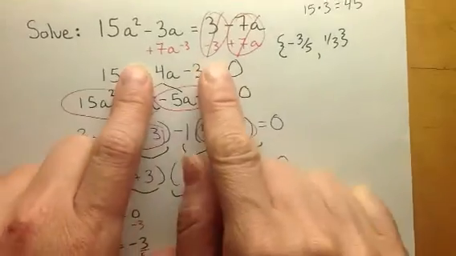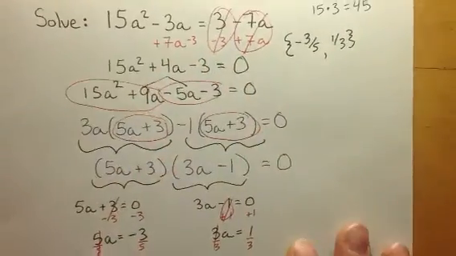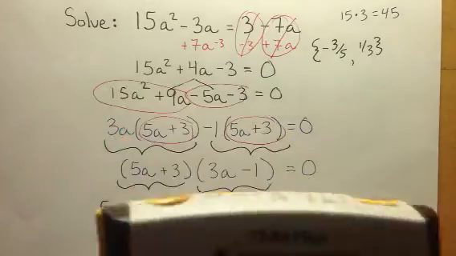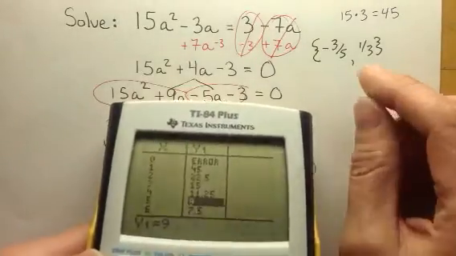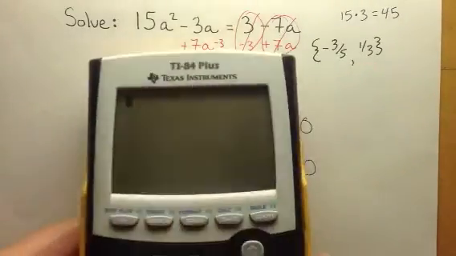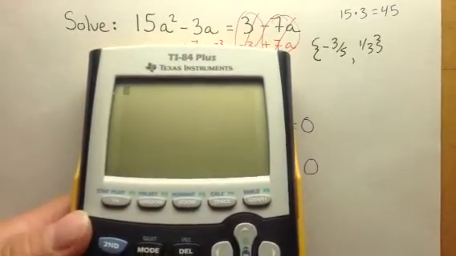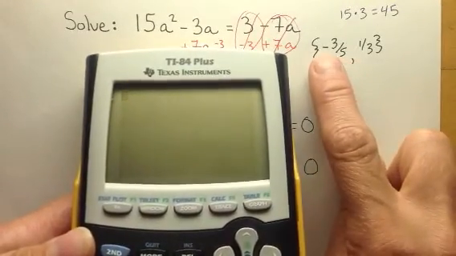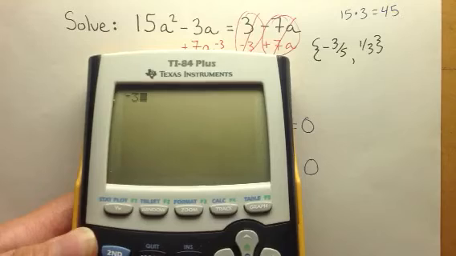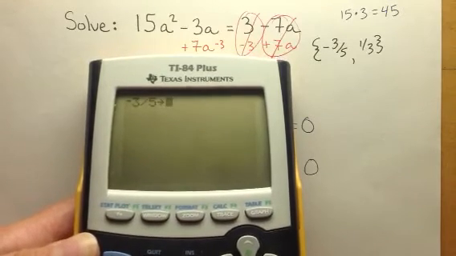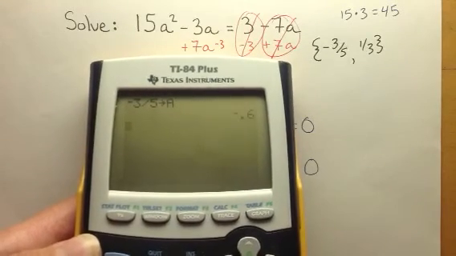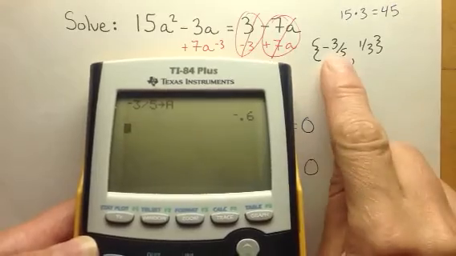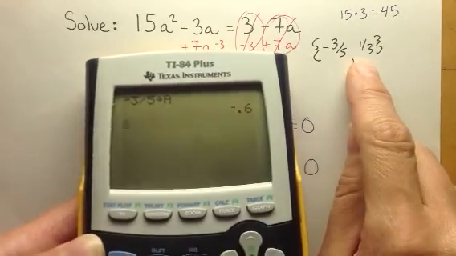And I wrote it next to my original problem because I want to check this. So I'm going to store these. I've got to do it 2 times, but this new calculator makes it nice and easy to enter. So negative 3/5 stored into a. Okay, so first I'm going to check this solution, then I'm going to check this solution.